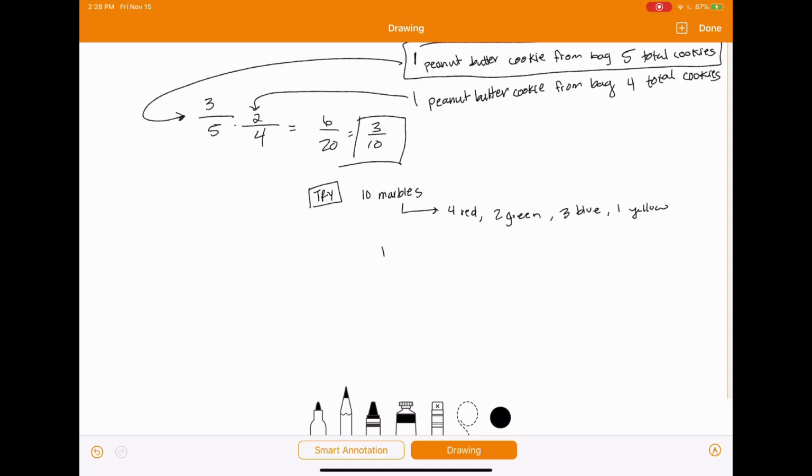Find the probability of picking a red marble, then a yellow marble. Let's go ahead and work that out on your own. Pause the video and check your answer with number 6 of the PDF below.